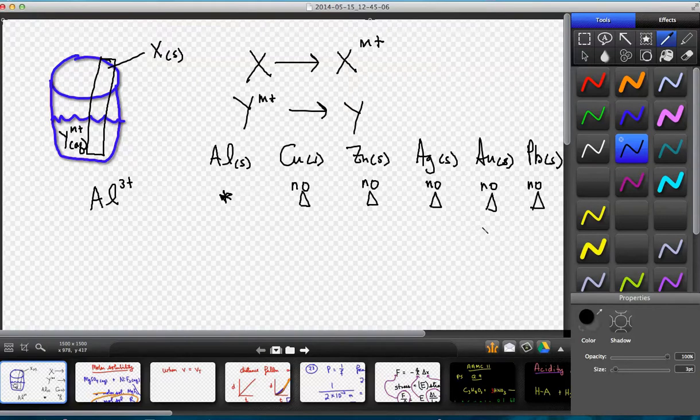If, however, we look at copper 2+ with aluminum metal, we get a new solid. What this means is that aluminum can be oxidized to aluminum 3+, and copper 2+ can be reduced to copper solid. So rather than give you electrical potentials, they give you a chart you might make in a general chemistry lab. All right. So now let's look at the questions.